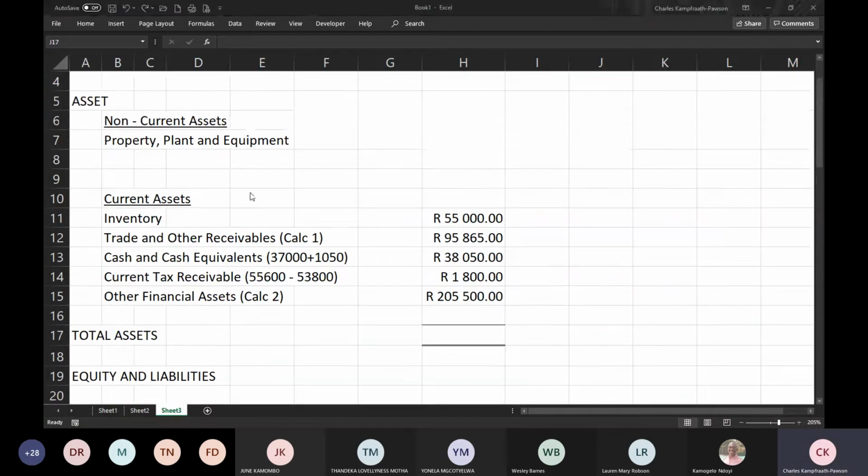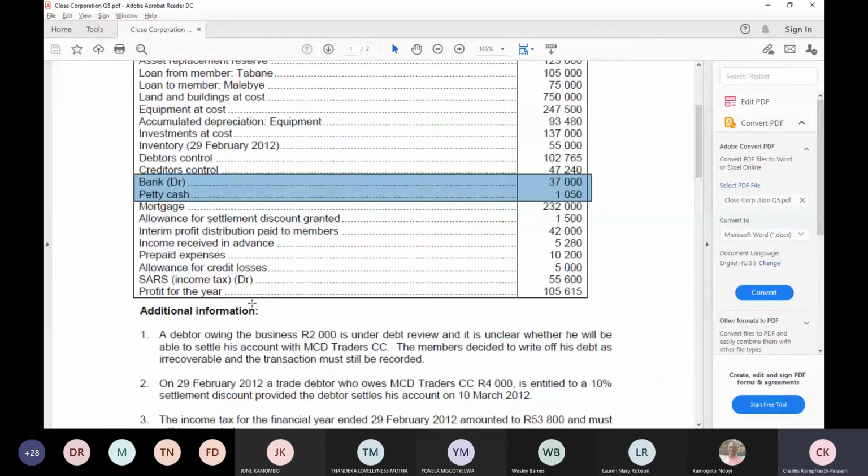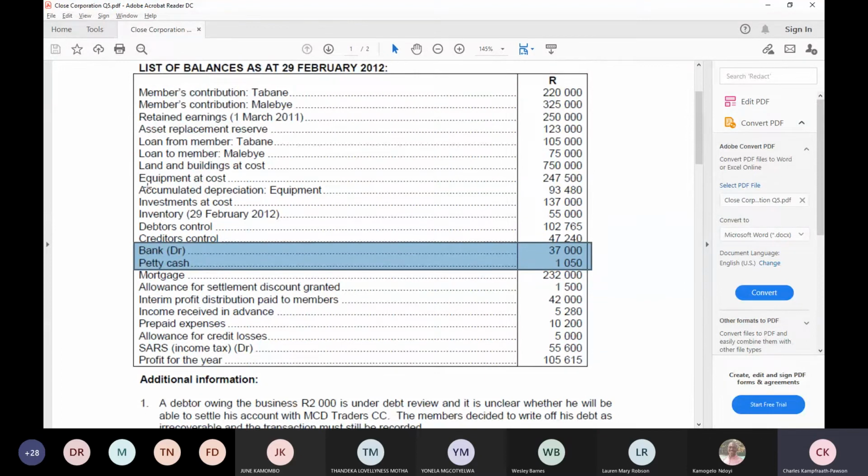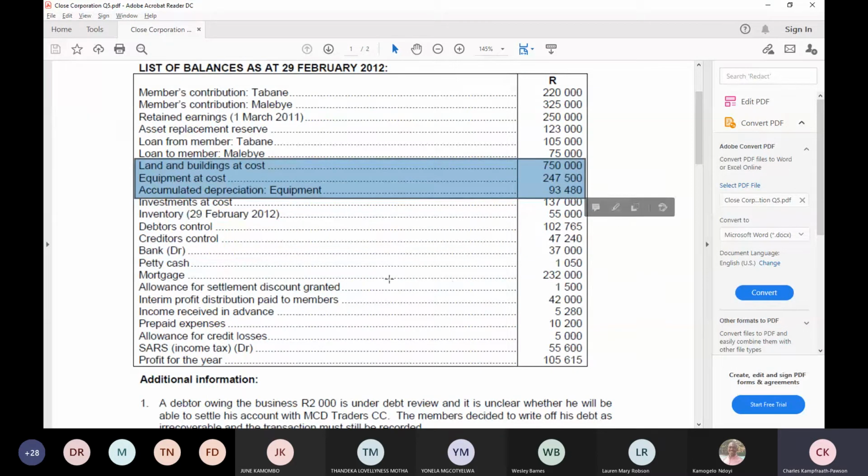Okay, so those are the current assets. Property, plant and equipment. They said nothing in the additional information. So we can just have a look at the property, plant and equipment. So we have land and buildings at cost, 750. So it's actually everything in that block.